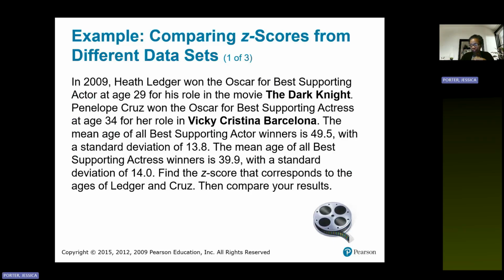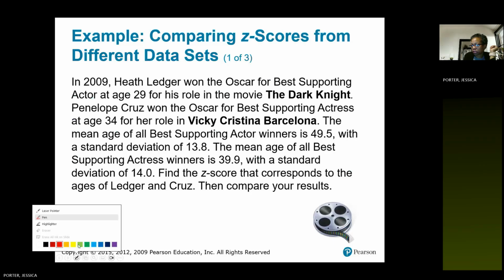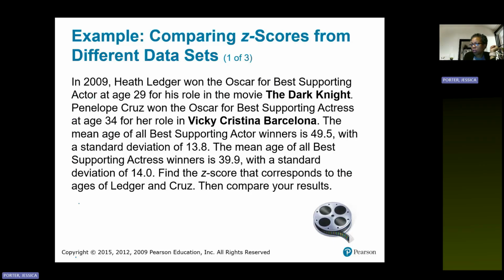So it's on the next page, but just to pull out the information here. You have X, so 29, minus 49.5 all over 13.8, because this is the standard deviation and the mean age here.